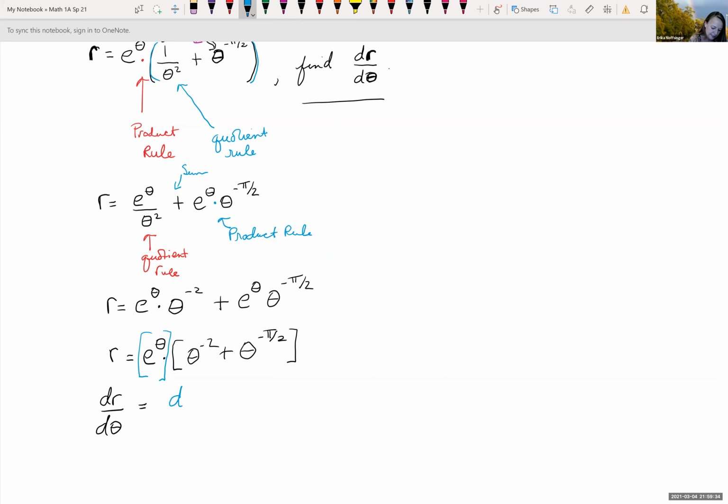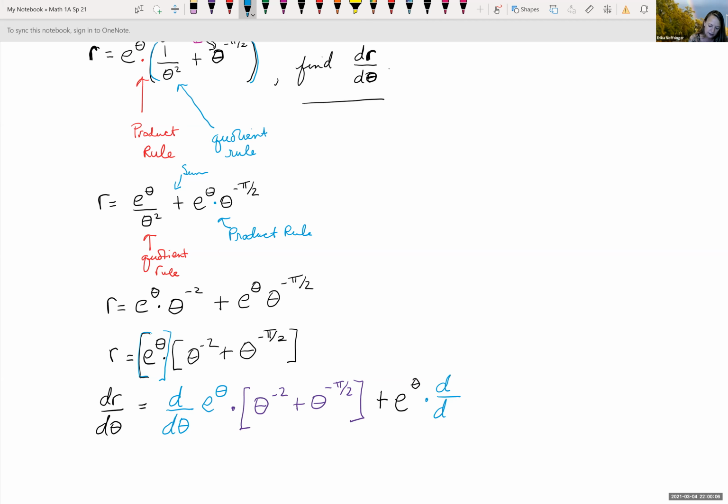So I'm going to look at d/d theta of e raised to the theta, times the second, which is theta to the negative 2 plus theta to the negative pi halves, plus the first, which is e^theta, times the derivative of the second.